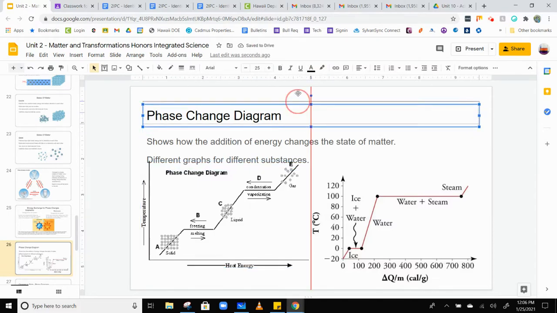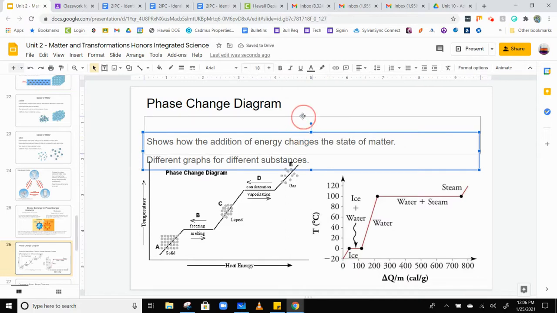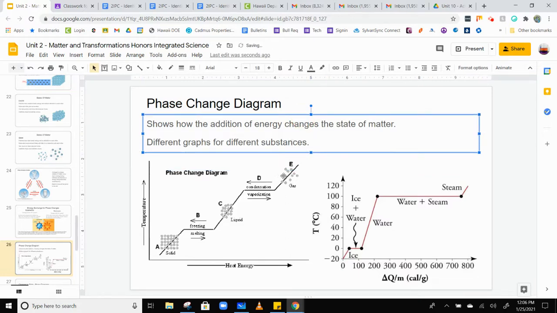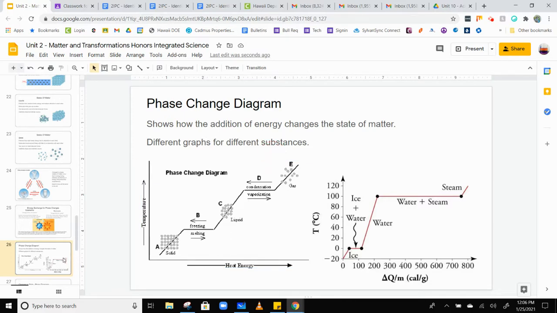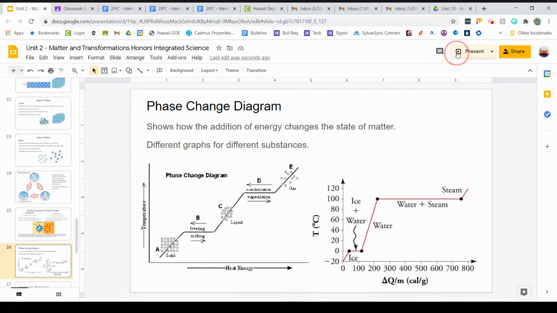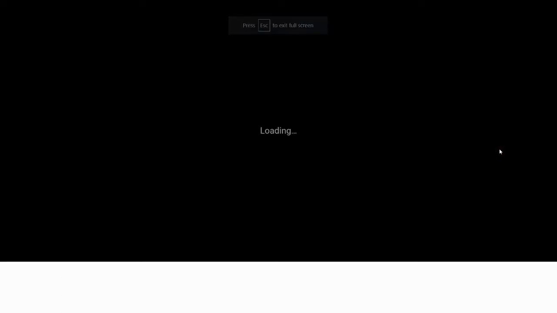So heat energy being added over a given amount of time. Okay, no specific amount of time, just kind of over time. The heat energy is being added steadily to the system here. Okay, and every type of matter has a different phase change diagram.